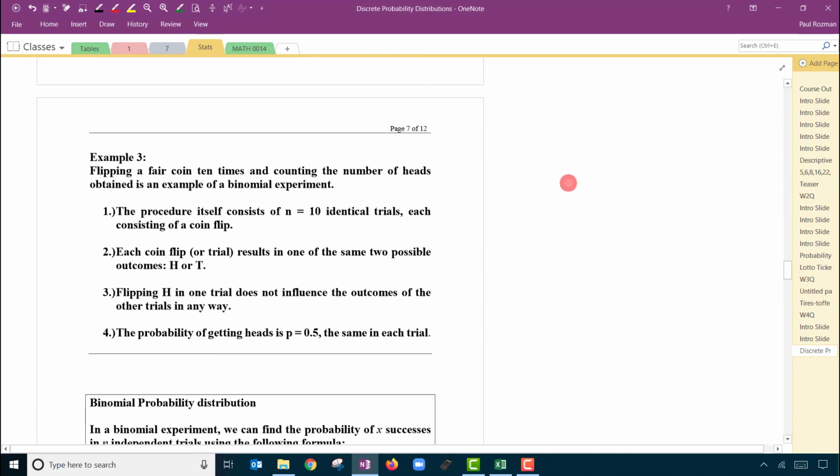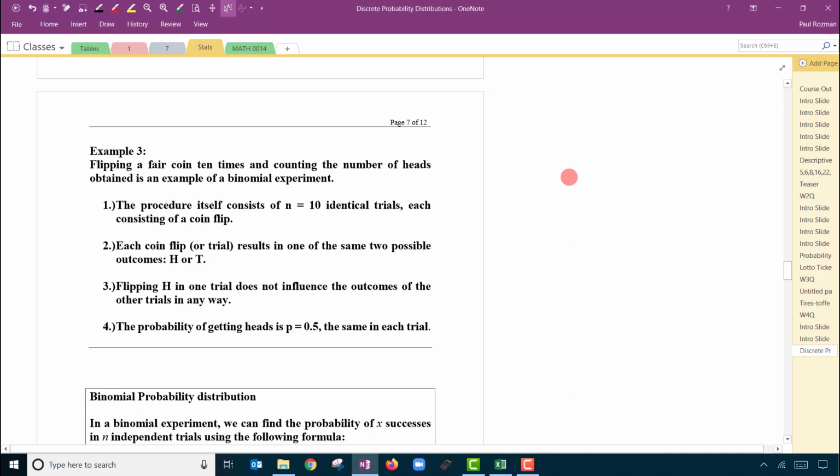The classic example is coin flipping, where you repeat the coin flips a certain number of times. So let's say we're interested in the number of heads we get on 10 flips of a coin. This is a binomial experiment in that it meets the 4 criteria that we listed on the previous page, where we have a fixed number of trials.